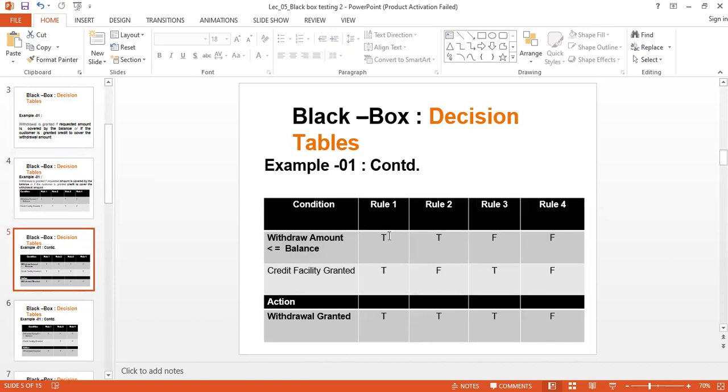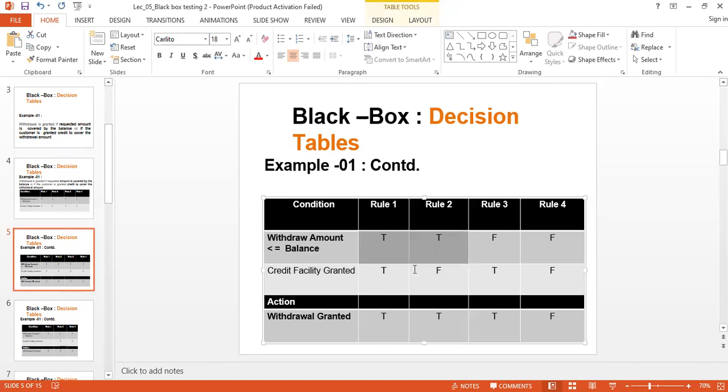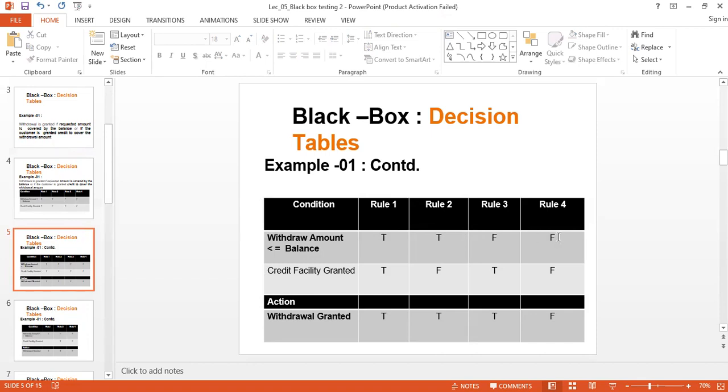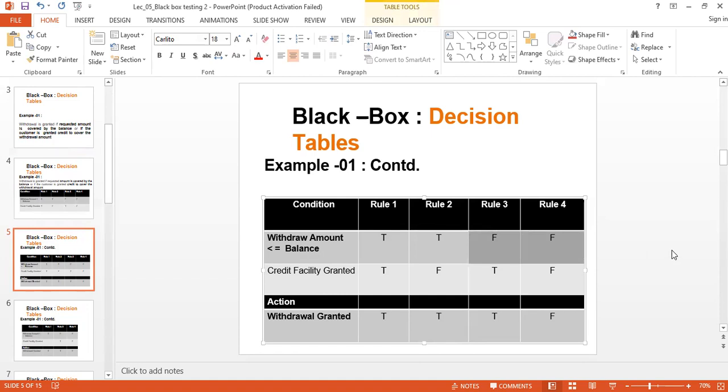if the withdrawal amount is covered by the balance in these two, even if the bank is granting the credit or not granting the credit, there is no worry, we can get the money. But the case is when we are requesting more than the balance amount of the account to withdraw.